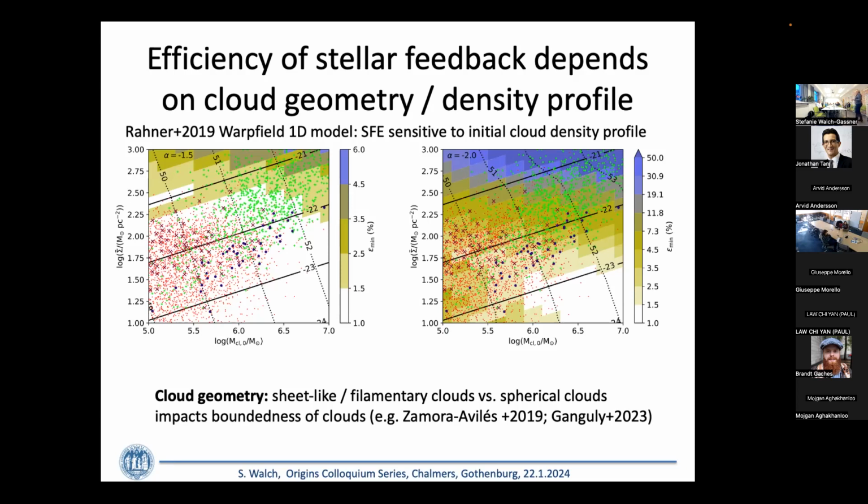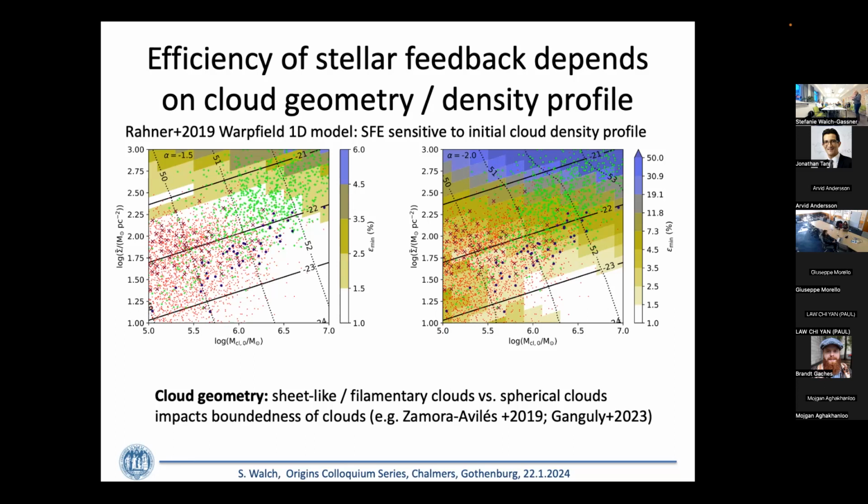Whether it makes it easier or more difficult to disperse the cloud is actually questionable, because if you look at the work by Jim Dale, where he had basically a virialized cloud collapsing, forming dense filaments and forming massive stars, and then these massive stars were blowing out radiation feedback, he saw that there was very little effect of the radiation because the dense filaments had collected most of the mass in the cloud, and it was very difficult for the ionizing radiation to do anything to that dense mass.